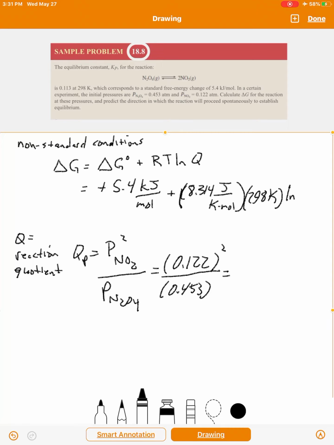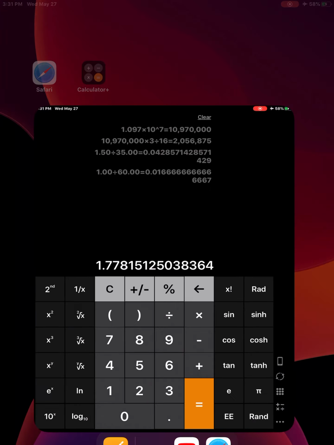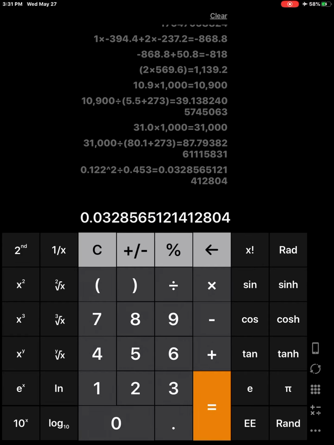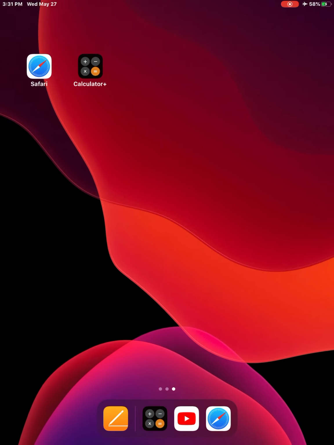Products over reactants. So 0.122 squared divided by 0.453. So that is 0.0329.